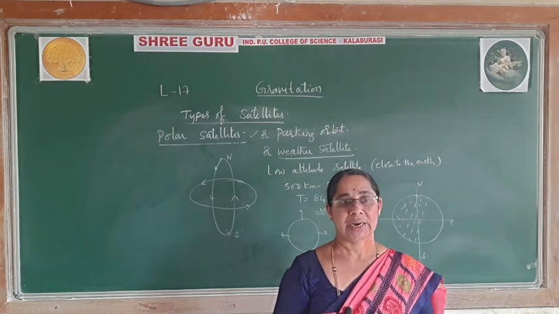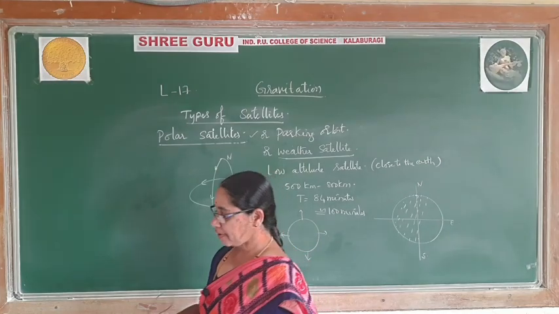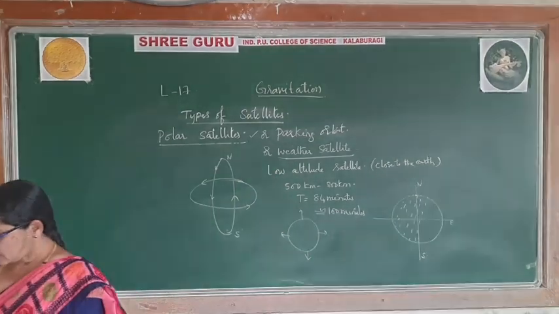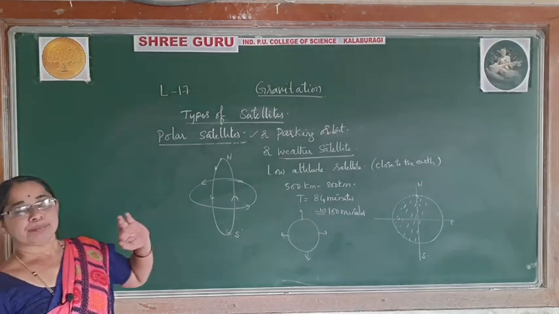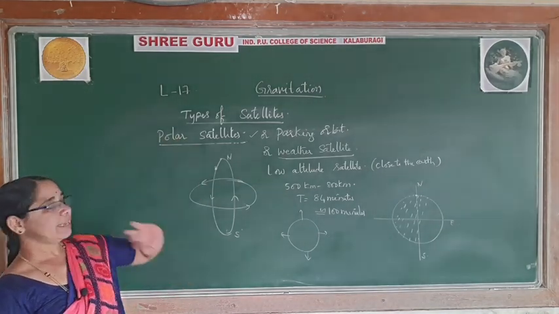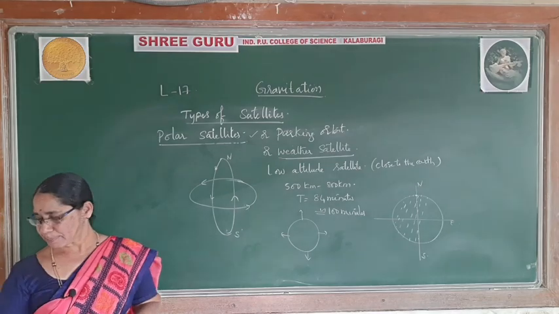Okay. Now at the same time, in this chapter we come across the last part, which we call weightlessness. That part is left out. So let me explain weightlessness, which is very simple.